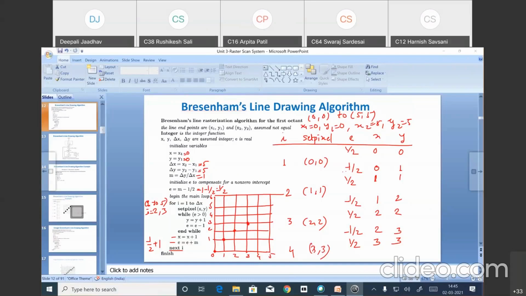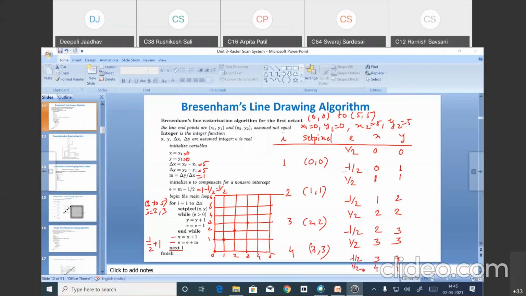Again, E is greater than 0, so increase the value of y, E becomes minus 1 half. Then x is equal to x plus 1, E becomes 1 half.